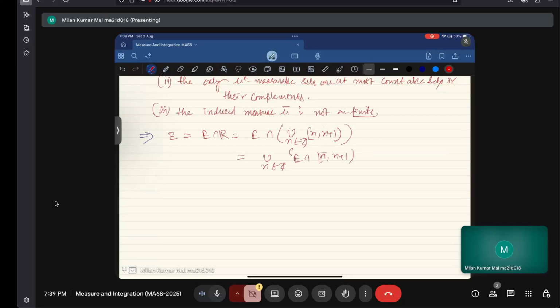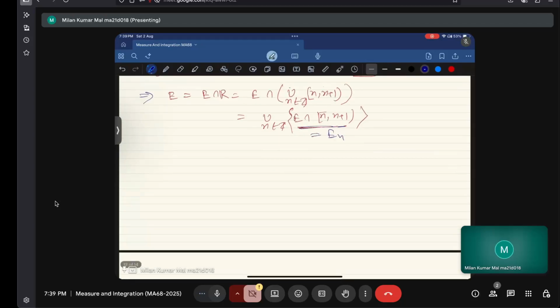Now note that these are the sets which we will denote by En. So this equals the union over n in Z of En, where En is E intersection the interval [n, n+1].